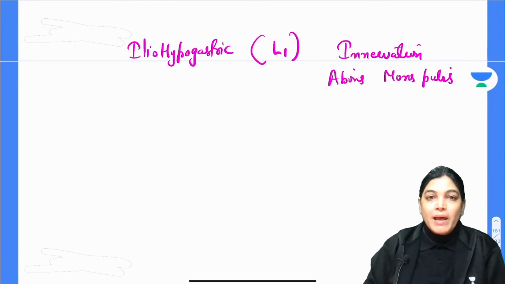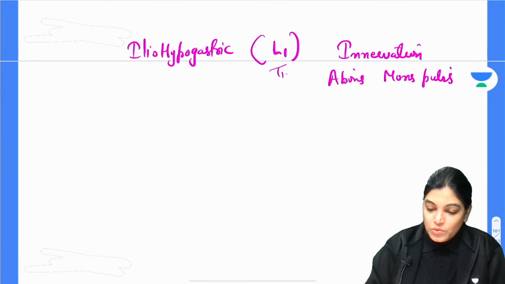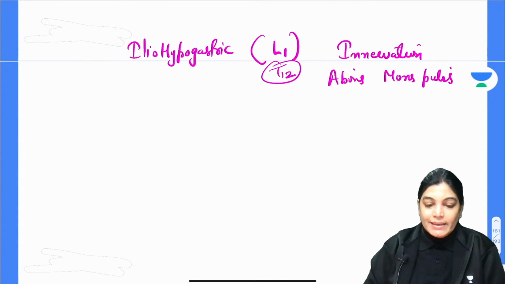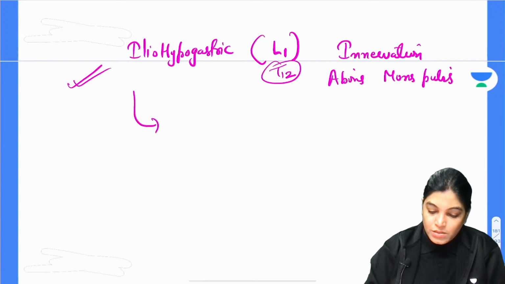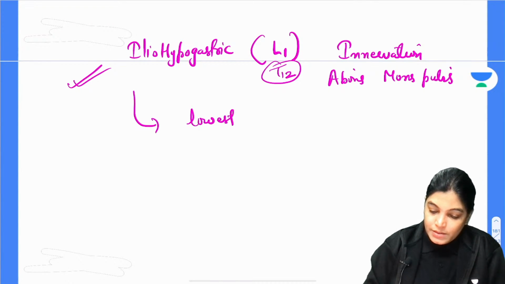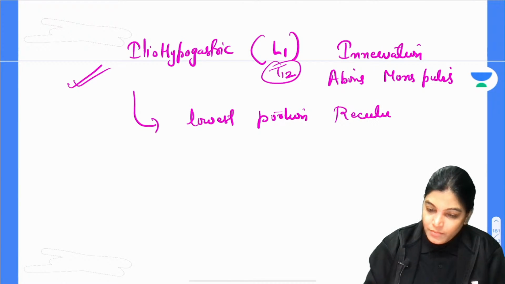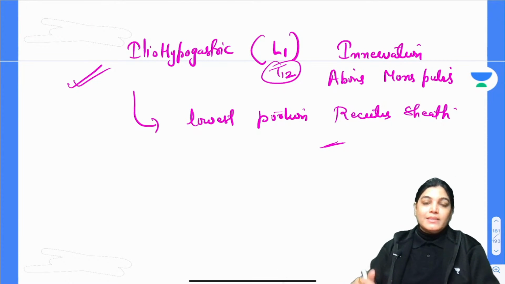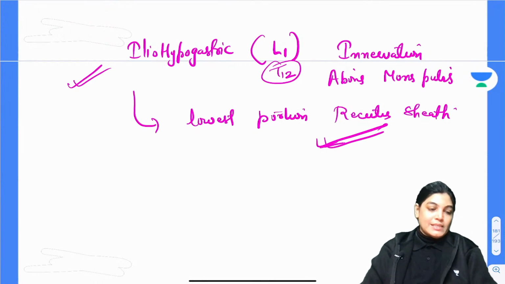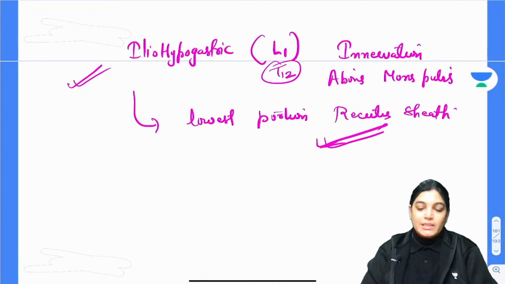This is arising from L1, sometimes takes few fibers from T12 also, and passing transversely towards the lowest portion of rectus sheath. And exactly the incision is also located at this location, so this will be involved in this case. So iliohypogastric nerve will be injured in this case.